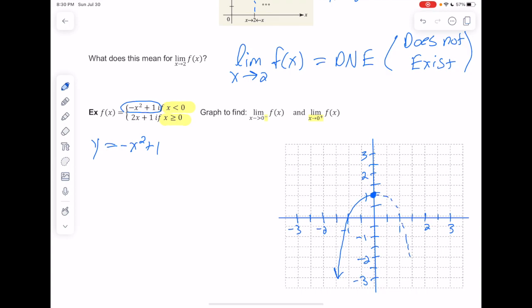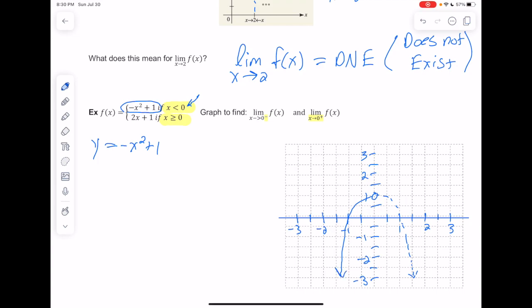I'm going to draw that as a dotted line, though, instead of a solid line, because we only have this parabola, negative x squared plus 1, when x is less than 0. In fact, I drew an open circle there, but because it's strictly less than 0, we shouldn't have that right there. It should be open. So we'll do open circle and then draw that in.